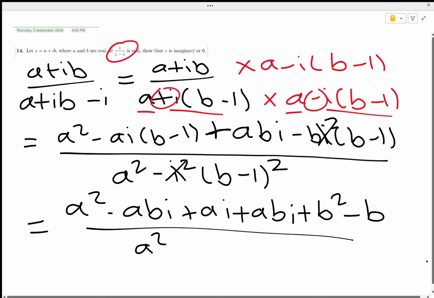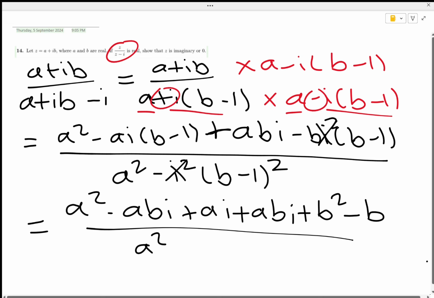Alright, now we just want to make the numerator a complex number, so we put all the i's together. But first we need to get rid of minus abi and plus abi, so that's done.